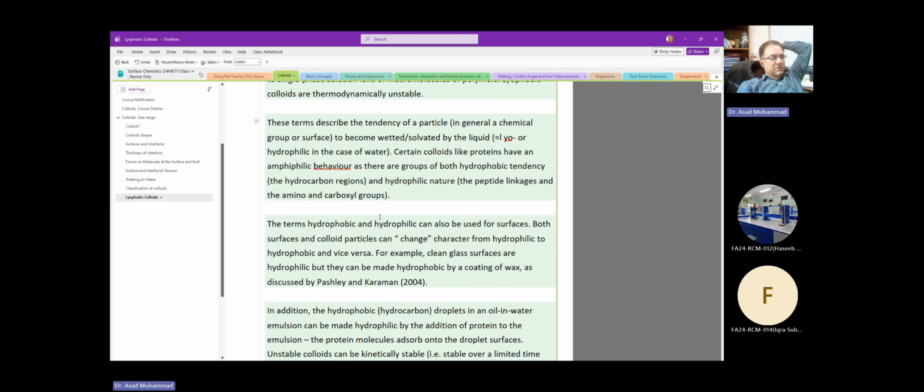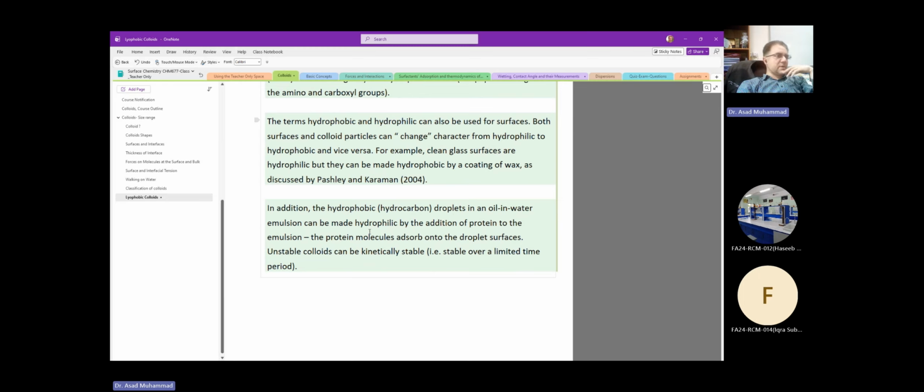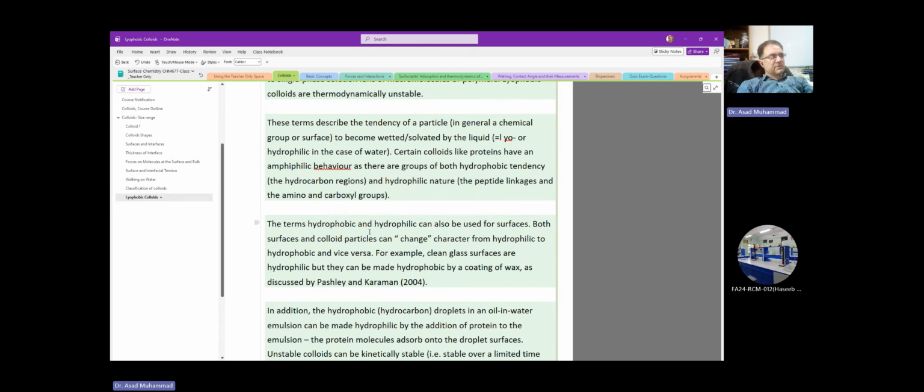We have the terms hydrophobic, hydrophilic, lyophilic, and so on, which designate what type of solvent we are considering, what type of material we are considering as a dispersed phase, and so on. So based on that, we are defining our colloids.